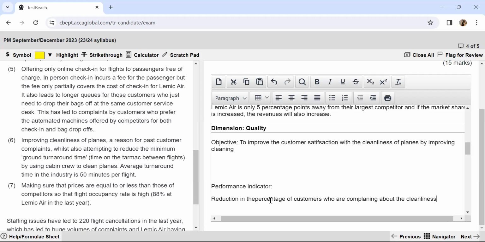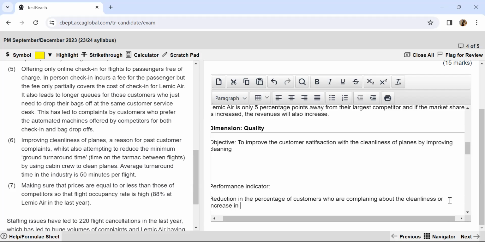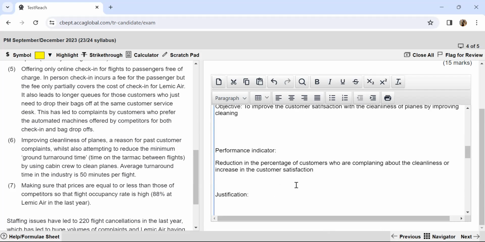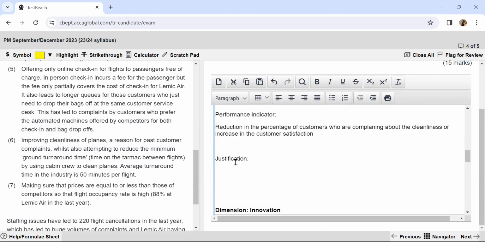So this can be my performance indicator. Or you can also say there can be an increase in the customer satisfaction as a whole. So probably they have an overall rating that the customers give, and maybe it was worse in the previous year, and because we are improving on the cleanliness, the customers are more satisfied this year.